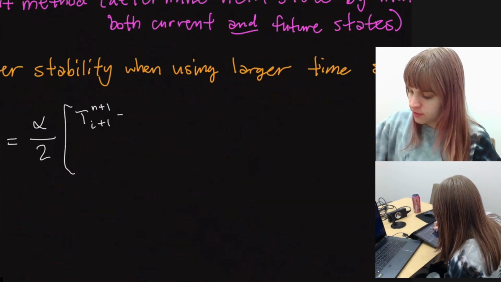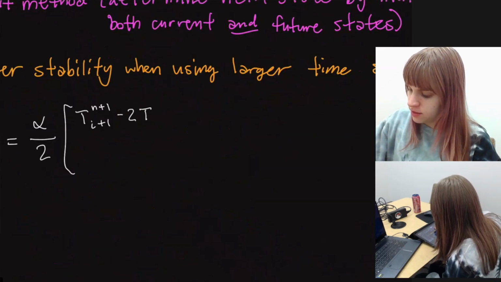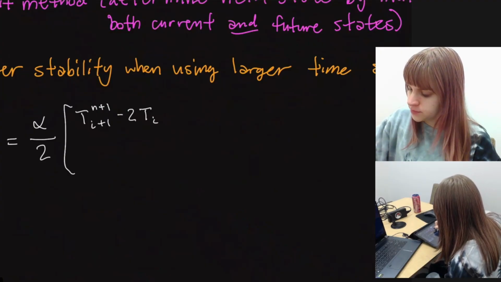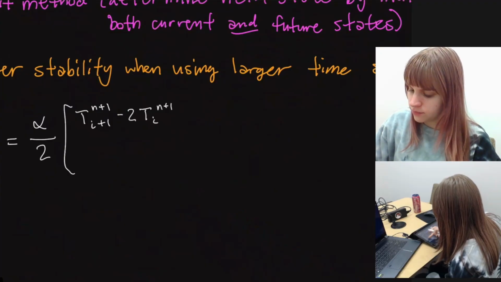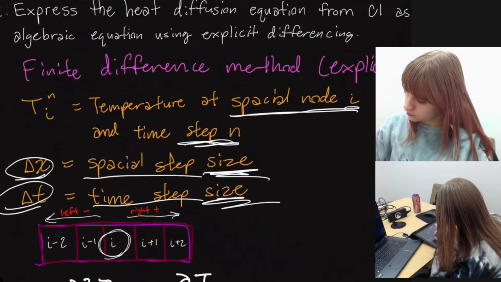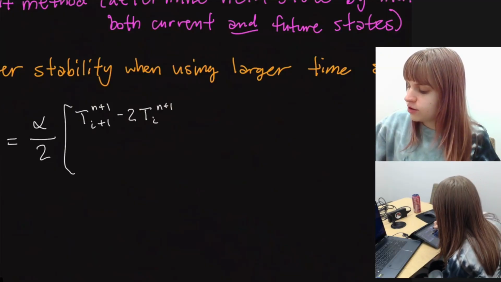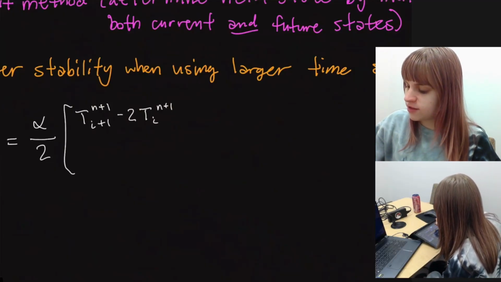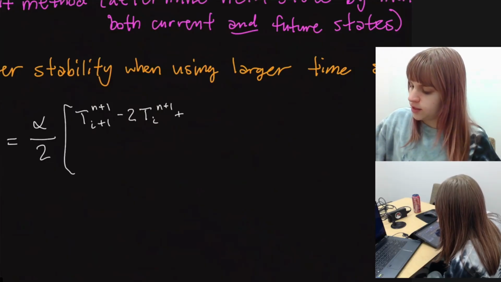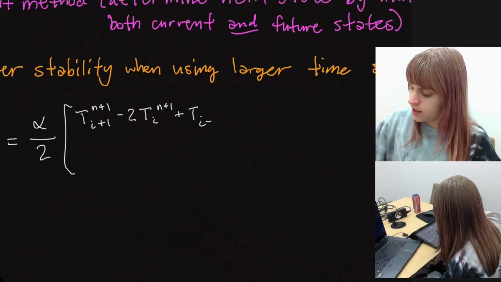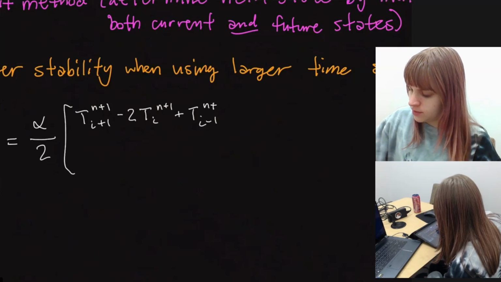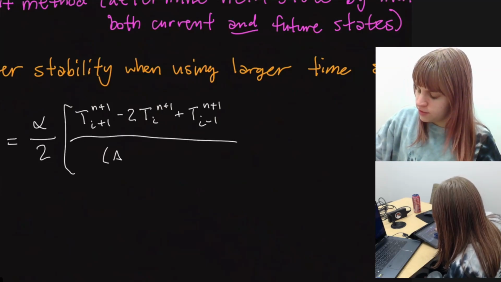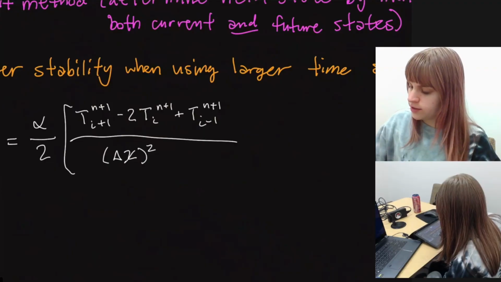Like we did previously, subtract 2T, the temperature at our current spatial node, but at the next time step this time, and add the temperature at i minus 1, the node to the left of i. And this is all going to be over the spatial step delta x squared.